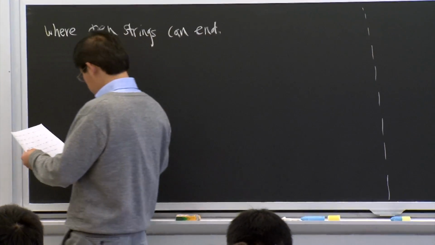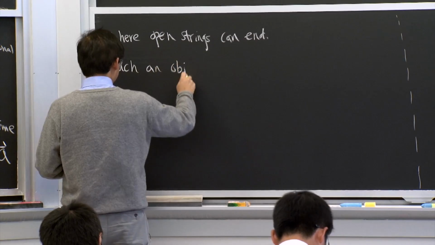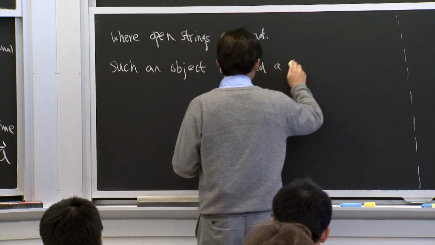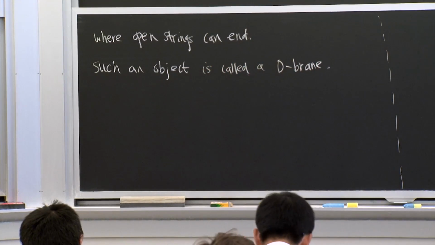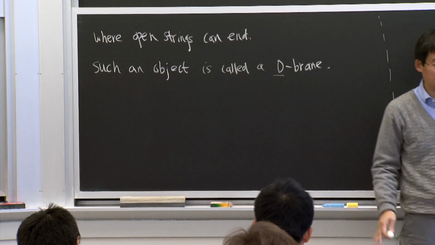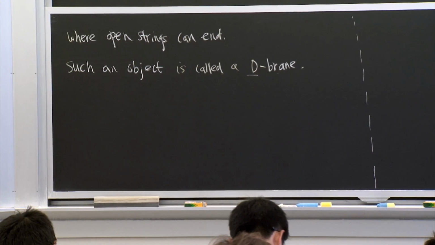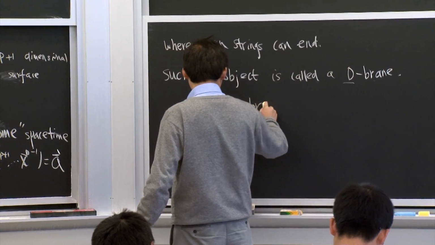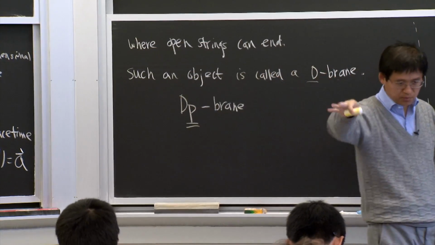So such a defect, we call it a D-brane. We give it a name. So D is clear because it's a Dirichlet boundary condition, and the brane because it's some extended surface. Okay. And so we often use the notation, say, Dp-brane. So p denotes the number of spatial dimensions along the brane. Okay.